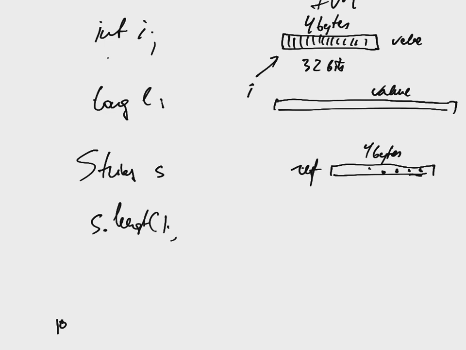And when you do an assignment, for example, you say e is 3, you write 3 in decimal here inside this reserved place of memory. If you say L is 7, then you write 7 here.